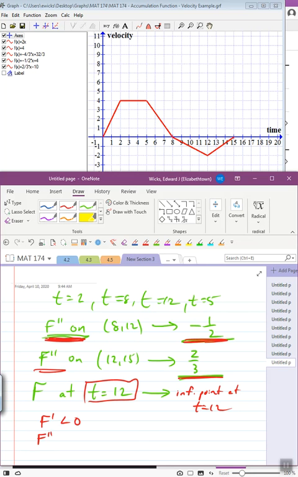But we've also determined that on that interval 8 to 12, your second derivative is also negative. So if you're taking away area, and your second derivative is negative, what does that say about how you're taking away area? Everybody agree with that? Faster?